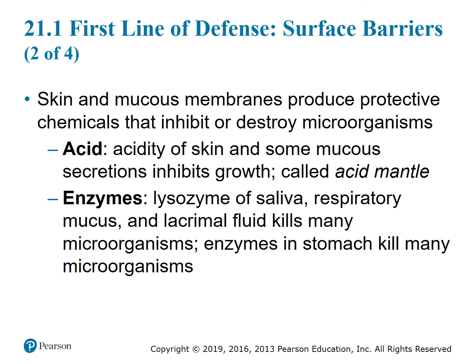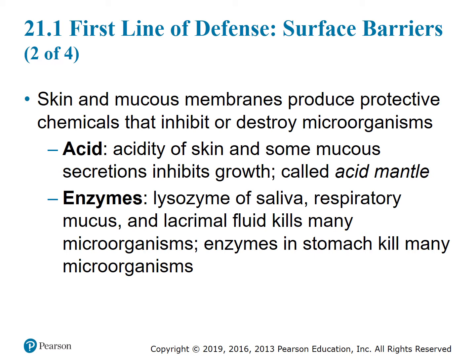The skin and mucous membranes produce protective chemicals that inhibit or destroy microorganisms. They produce acid, so there's this acidity of the skin and some mucus secretions that inhibit growth, and it's called the acid mantle. There are some bacteria that are able to thrive in these conditions, but they do not make us sick.